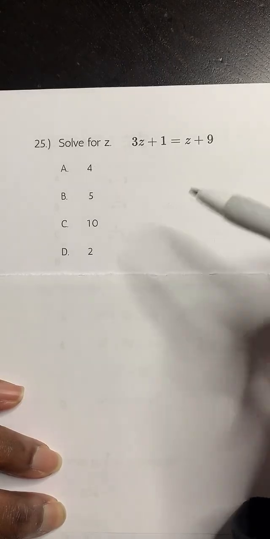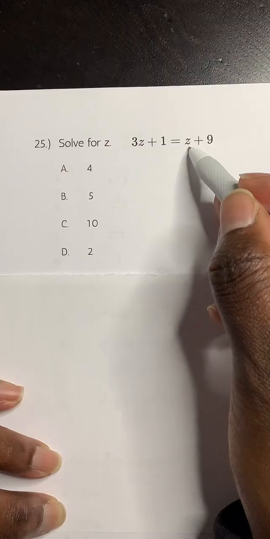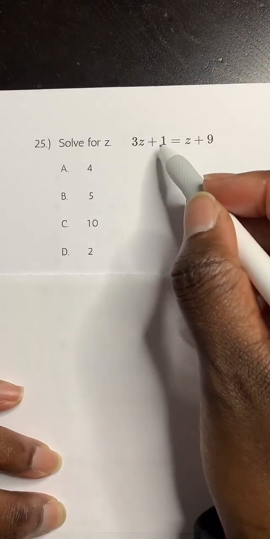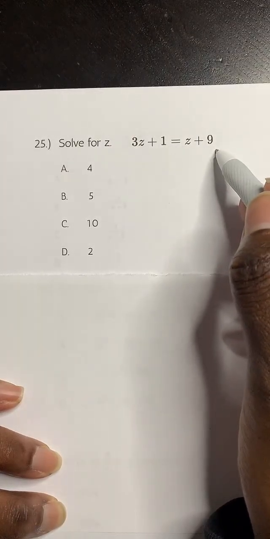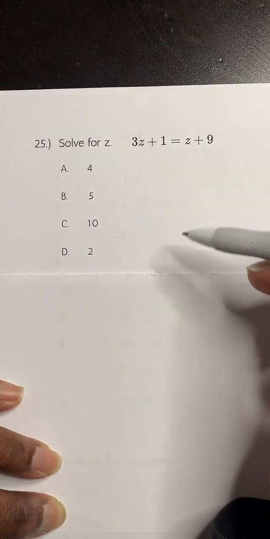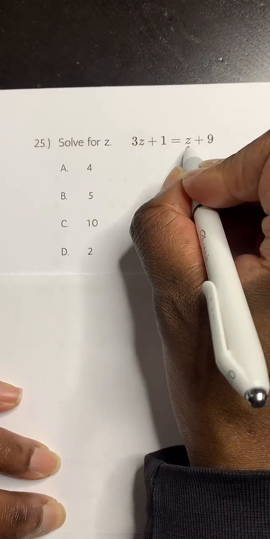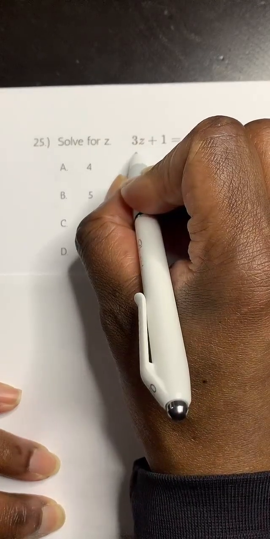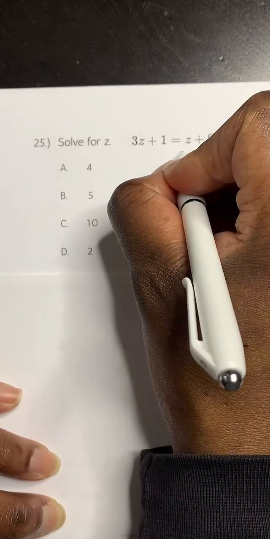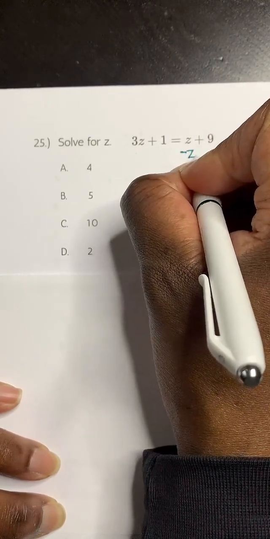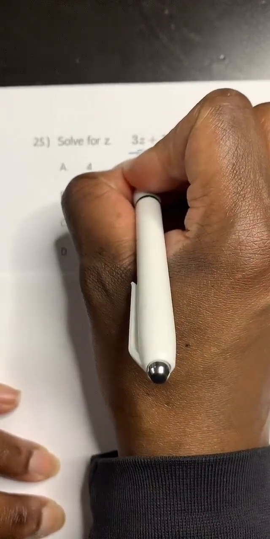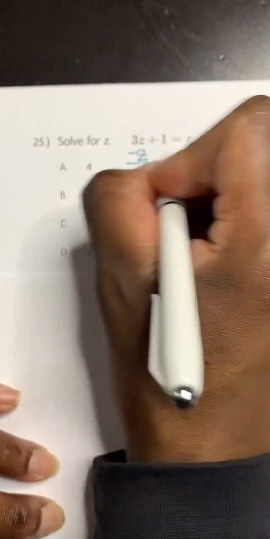Another way is putting all your Z's on one side, all your constants on the other side of the equal sign, and solving for Z. This is what I mean. I want to move this 1Z over next to this 3Z. In order to do that, I have to do the inverse, which is subtracting the Z.